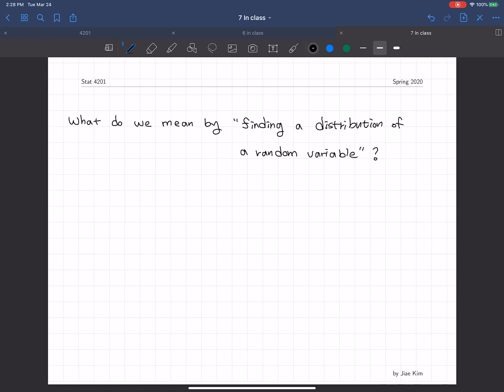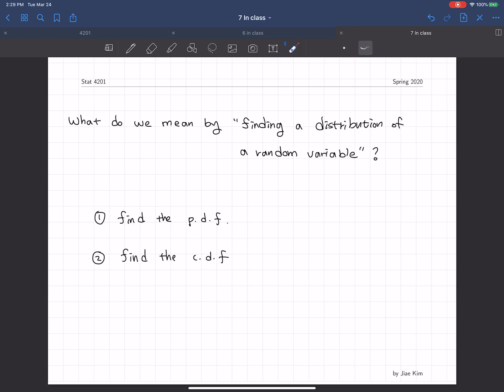One way is to find the PDF. If we know the PDF of a target random variable, then we know everything about it, because the PDF tells us everything about the probability behavior of the random variable. Or if you can find the CDF of the target random variable, then you fully define it.